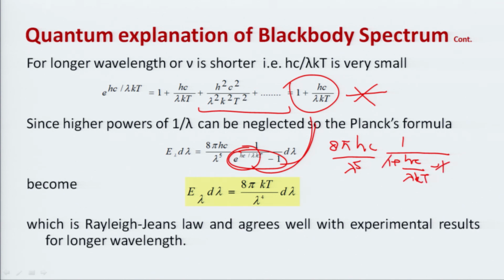When you solve it, we have E lambda d lambda is equal to 8 pi k t upon lambda to power 4 d lambda. Now, this is the Rayleigh-Jeans law, which agrees well with the experimental result for longer wavelength.